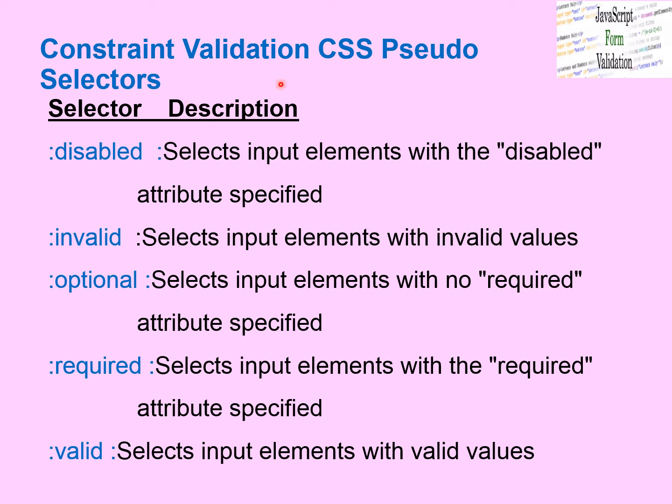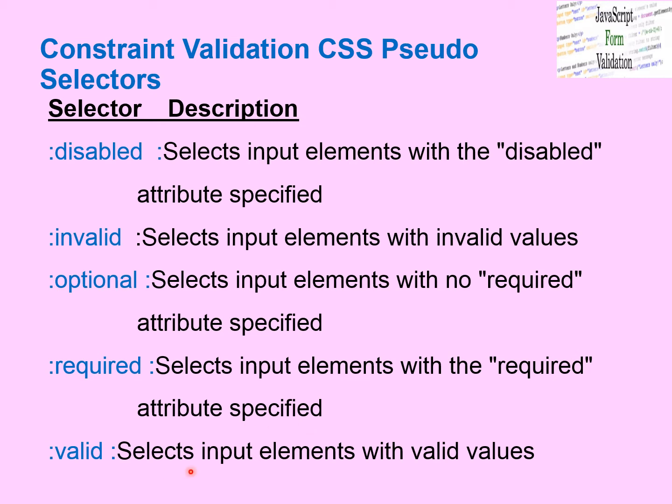Now constraint validation CSS pseudo selectors. In the previous slide we discussed the HTML attributes. Here it is pseudo selectors. Colon disabled selects input elements with the disabled attribute specified. Invalid selects input elements with invalid values. Optional selects input elements with no required attribute specified. Required selects input elements with the required attribute specified.